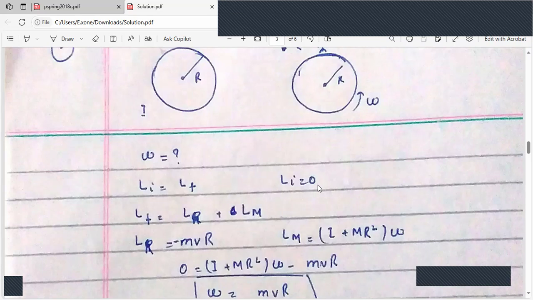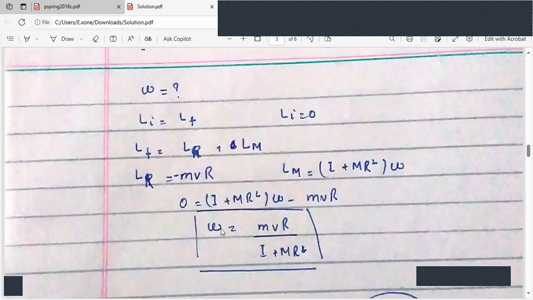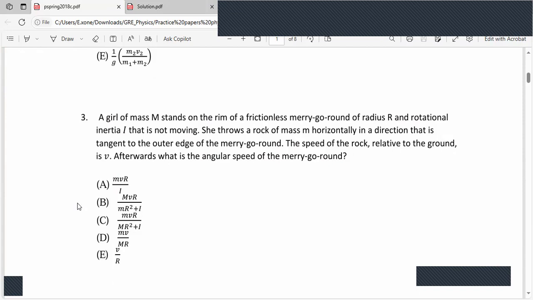So again, we can use conservation of angular momentum in that case and easily find the answer. So the answer is going to be C, and that is the right answer of this problem.